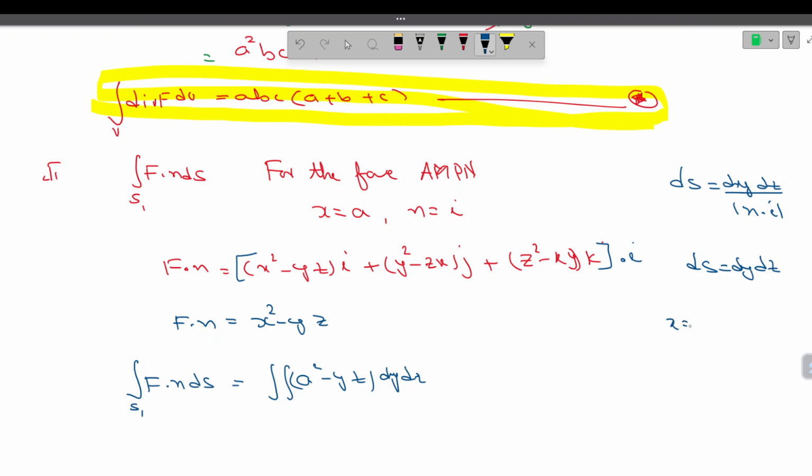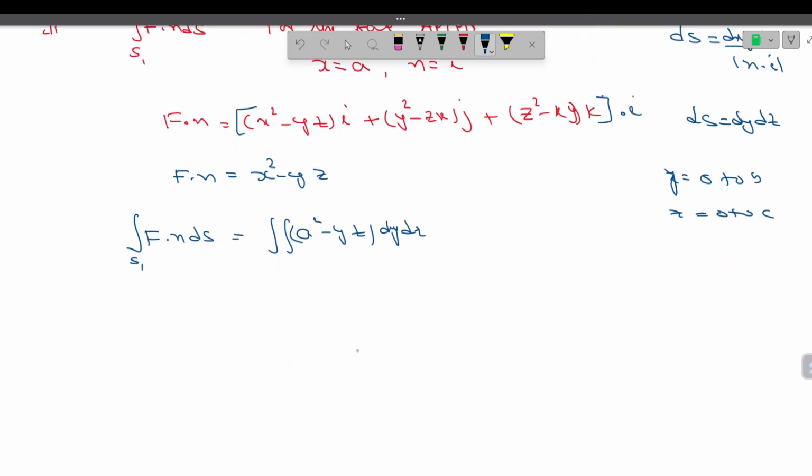And the limit of integration is y equal to 0 to b, z equal to 0 to c. It is given. So what I am doing here is, 0 to b, 0 to c. a square I am taking outside, 0 to b, dy dz, minus double integral yz dy dz.